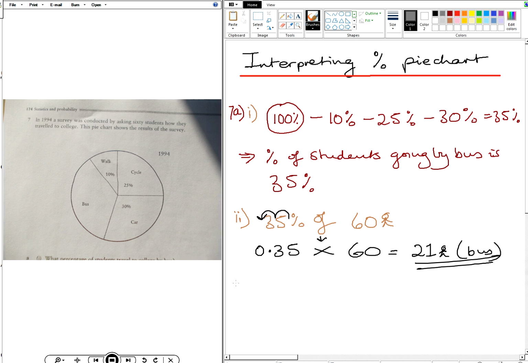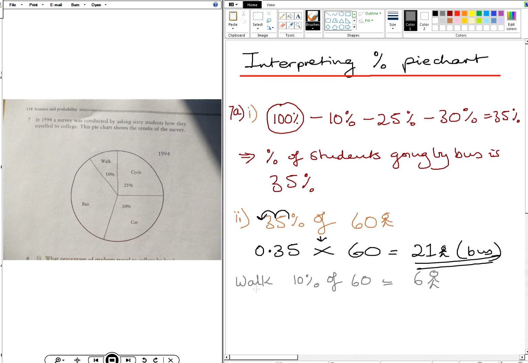We're going to work out the number of students who went walking. Walking was 10% of the number of students in the survey. 10% of 60 will give us 6. That's an easy divide by 10.